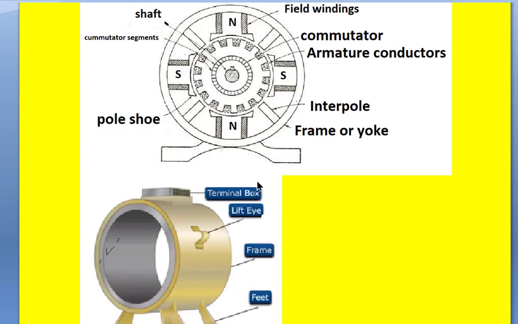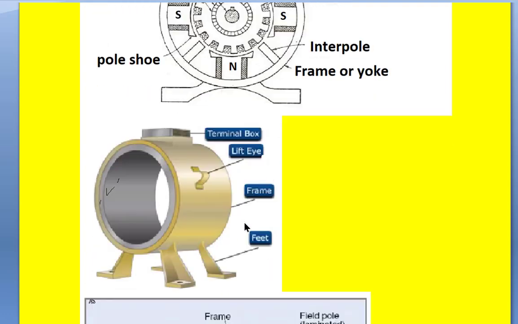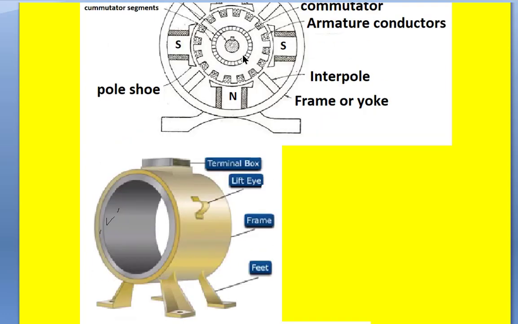So if you further look at the construction, if you remove the armature, then we find the motor like this. These are called legs or feet, and this is called the frame. This is also called yoke, which gives the mechanical protection for the motor, and this is called the eye or the lift eye.